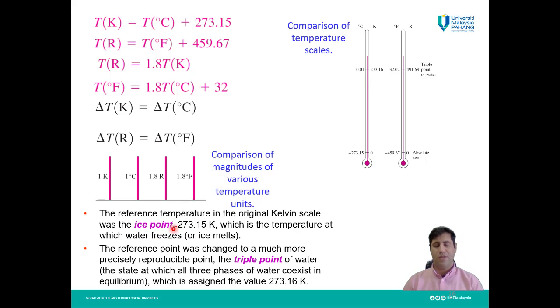And here is an extra explanation about the reference temperature for the Kelvin. It was initially the ice point, which is the temperature at which water freezes or ice melts. Then the reference point was changed to a much more precisely reproducible point, which is the triple point, the point at which water is in all three phases, liquid, gas, and solid, I mean ice.